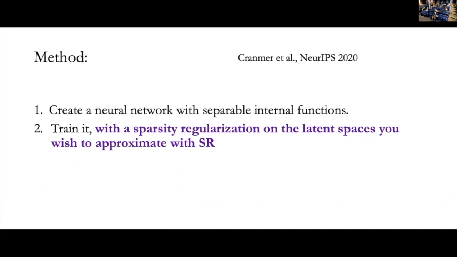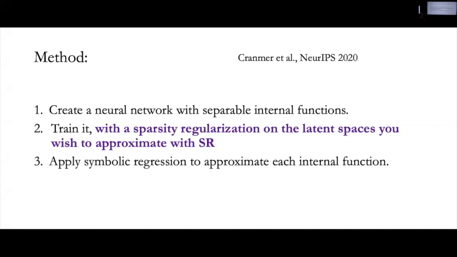Inside your neural network there are different latent spaces, and you try to make them as small as possible. Then you do post-processing on that neural network, and try to approximate different parts of it with symbolic equations.